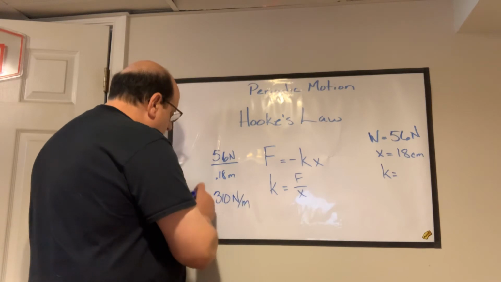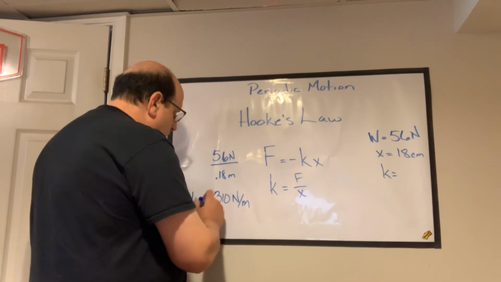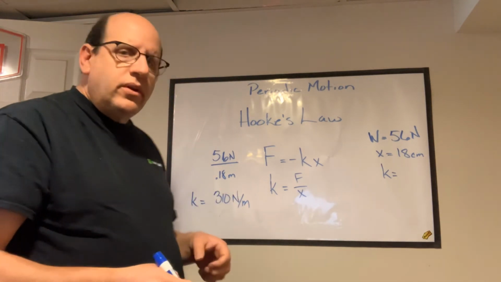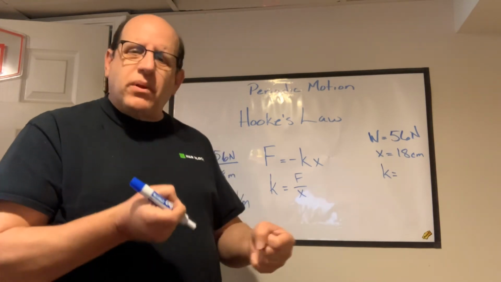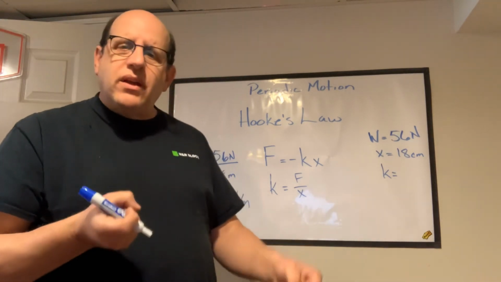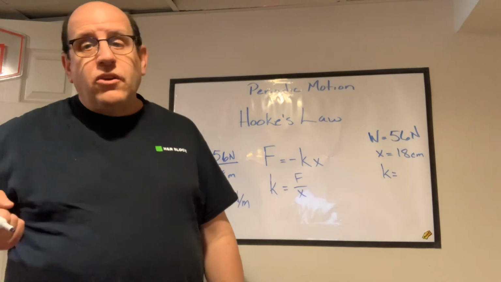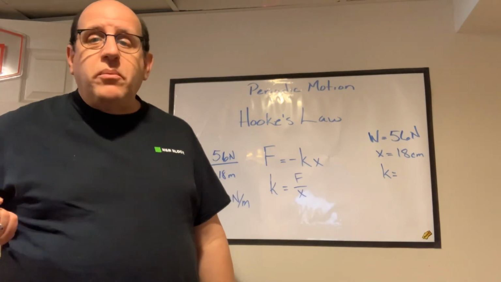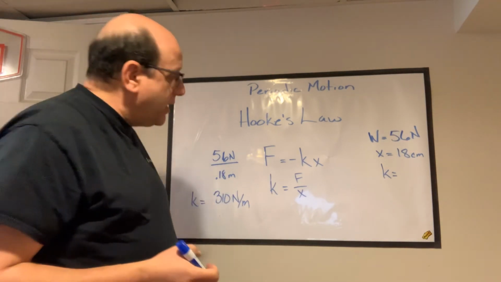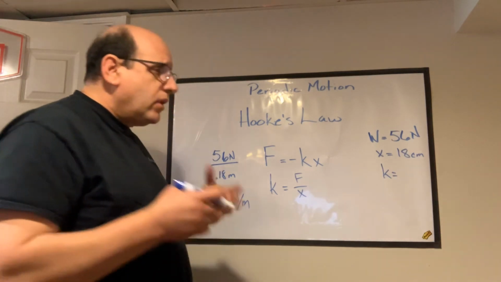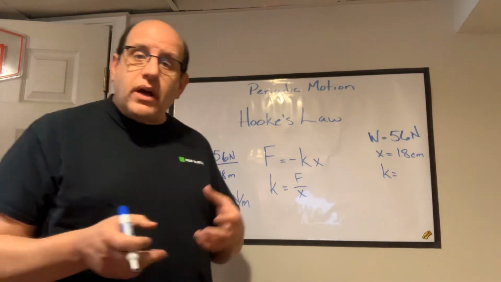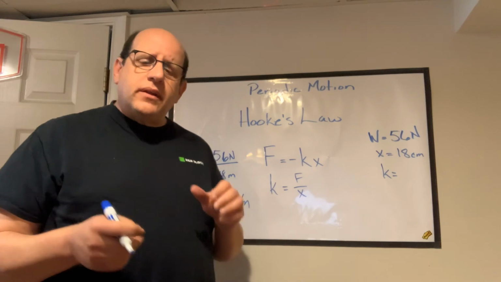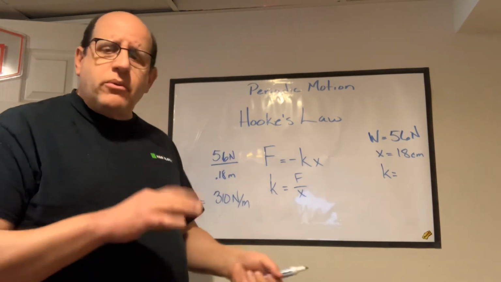And that's a standard unit for spring force. You're going to have to apply 310 newtons of force to get that spring to move 1 meter away from its relaxed state. Different springs have different spring constants. That was the first part.